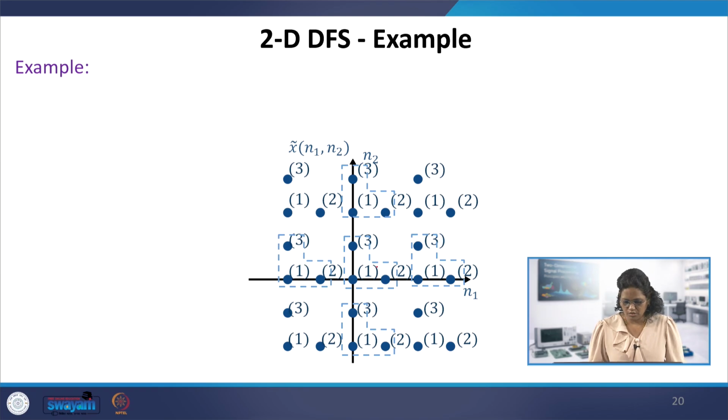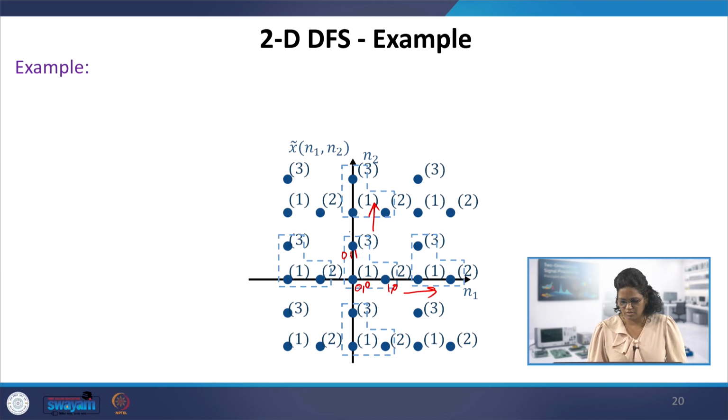Consider the sequence x tilde, where you can see the pattern of 1, 2, 3, and 0. This is 0, 0, and here is 1, 0, and 0, 1. This is the pattern which is repeated in the n2 direction as well as the n1 direction.